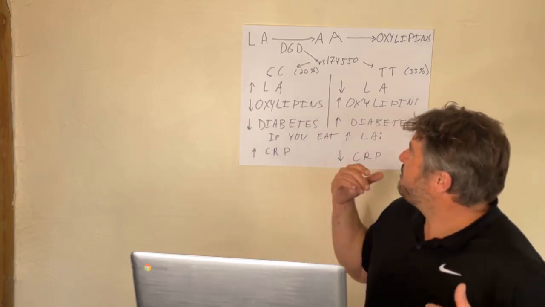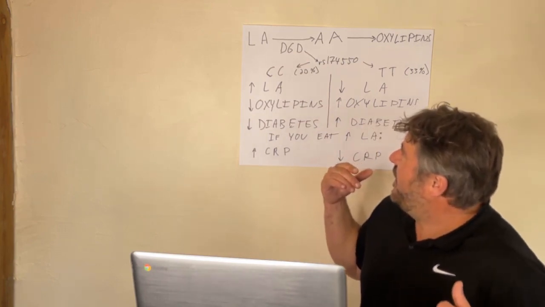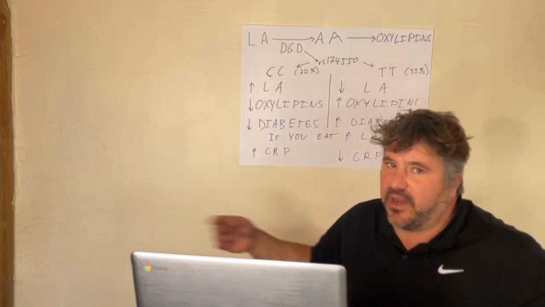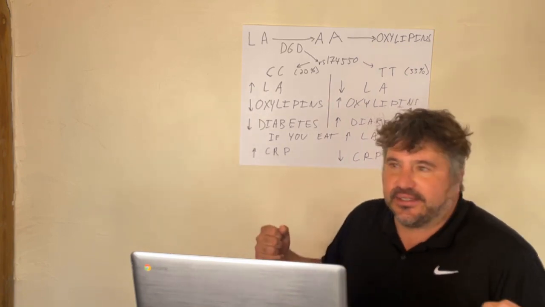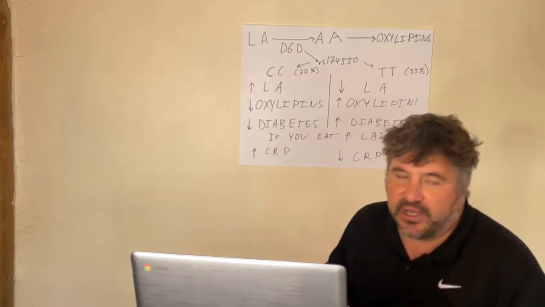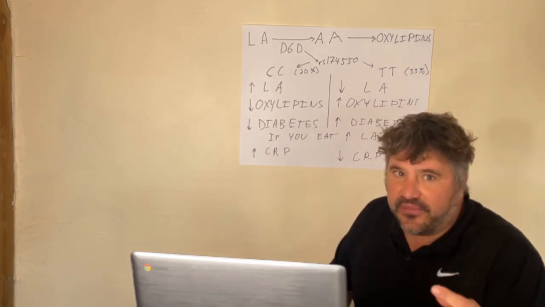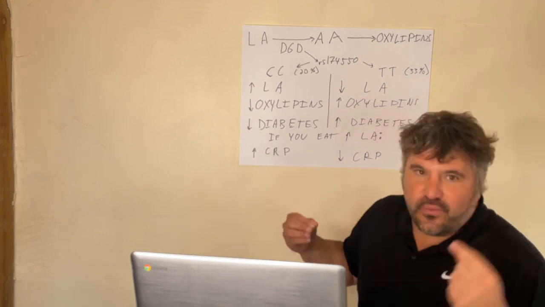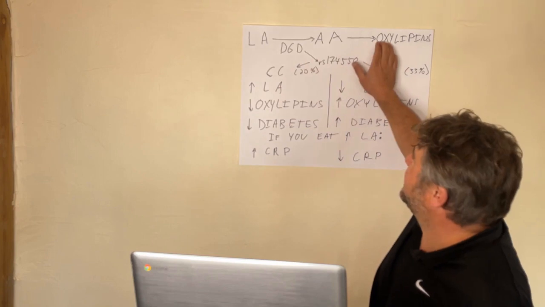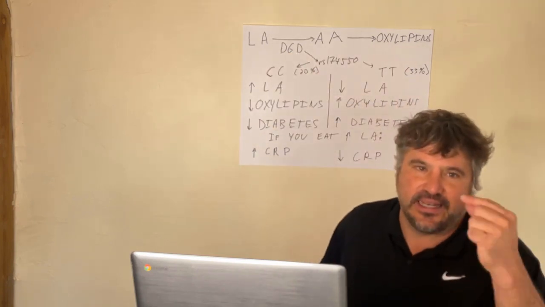And so, critics will say, my video was about diet, and you're talking about an enzyme and a genetic thing, but they work together. One way to increase throughput through D6D is to eat more linoleic acid.